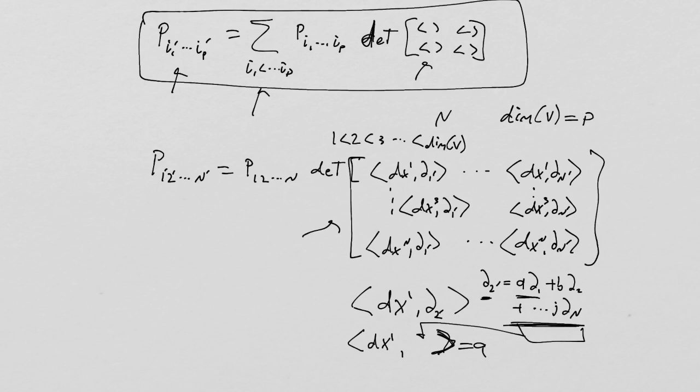If you do it for every single one of these things, what you discover is that this is, in fact, the transformation matrix. This is your lambda. And so you end up with this rule, P 1 prime, 2 prime to n prime equals P 1, 2 to n times the determinant of lambda.